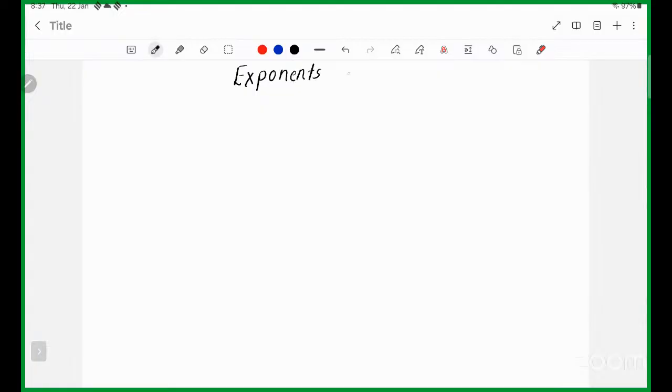Exponents and power. So for example, if I write the exponent 3 raised to power 2, it will be 9.